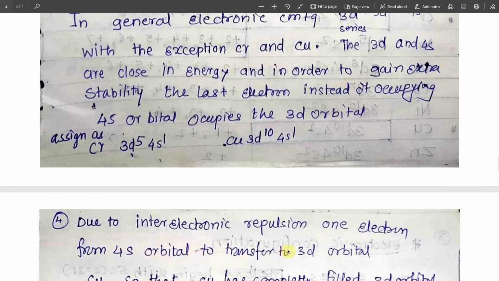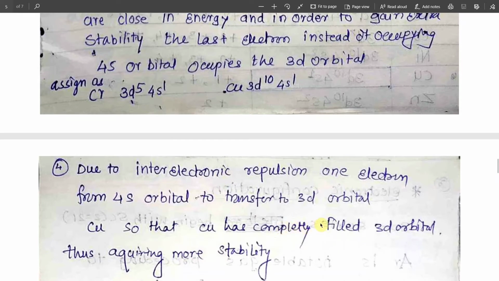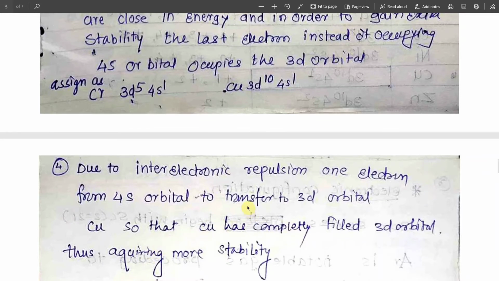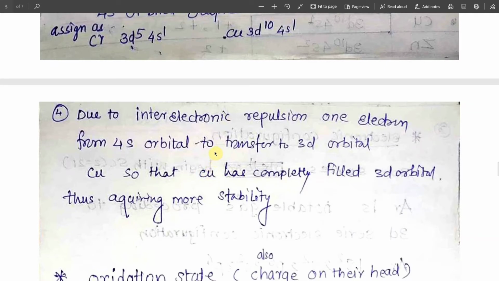So due to inter-electronic repulsion, one electron from the 4s orbital is transferred to the 3d orbital in copper, so that copper has a completely filled 3d orbital, thus acquiring more stability.